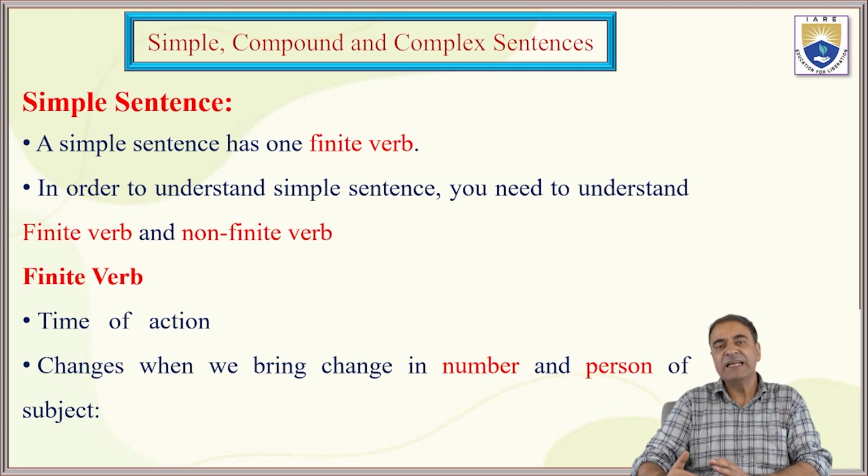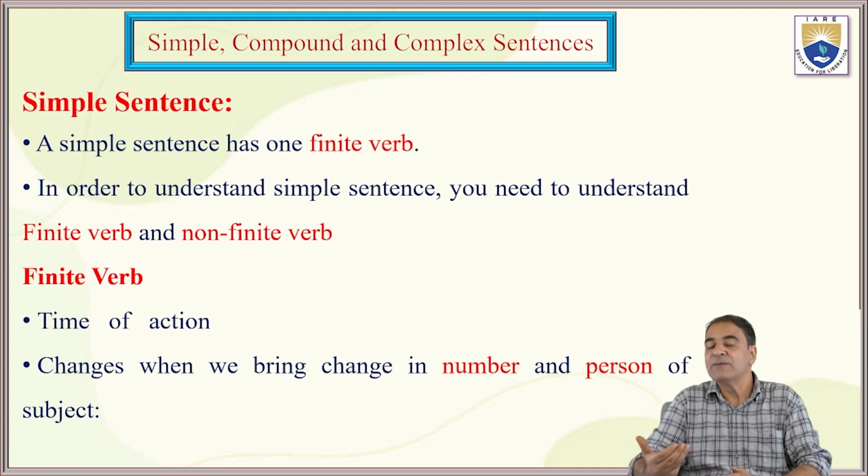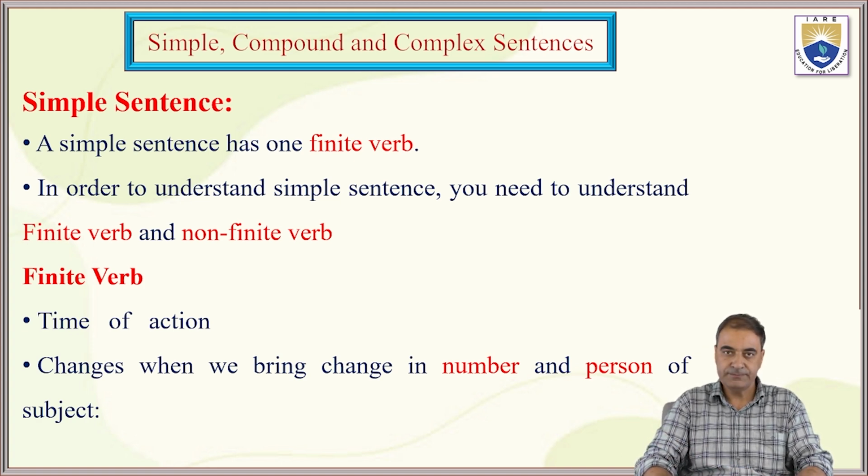Therefore, a non-finite verb will be the verb that doesn't show time of an action. Remember, the first point is that the finite verb is a verb that shows time of an action, and the non-finite verb is the opposite.